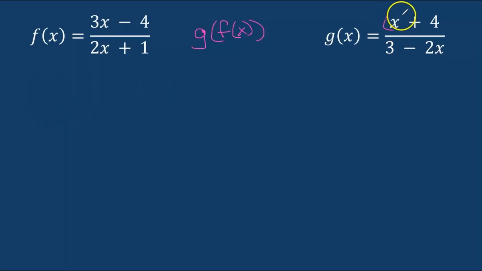But I'm going to go ahead and save myself a little bit of space by putting parentheses around the x's where I'm going to plug in f of x. Let me do that in the color that I'll actually be doing it in, though. So this first x is actually going to be represented by f of x as I'm plugging it in.